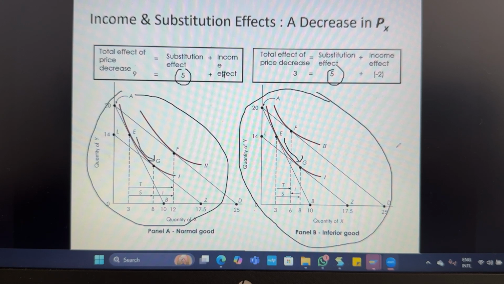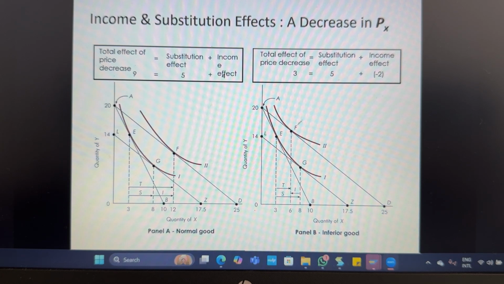But we can categorize the commodity as luxury, normal or inferior only because of the income effect. I think it is very clear because I taught this to you in a very simple manner. What do you feel? Do you agree with me? Yes, sir, clear.